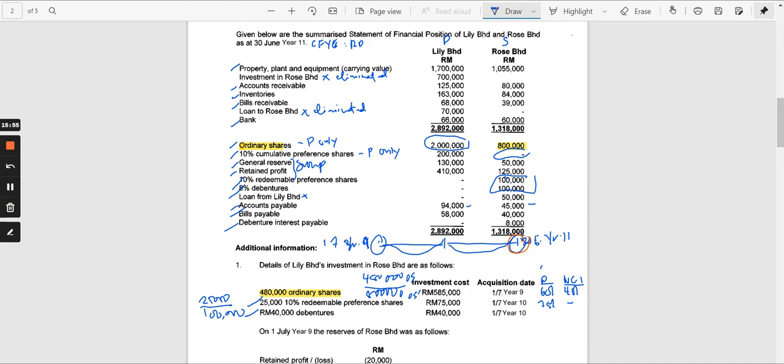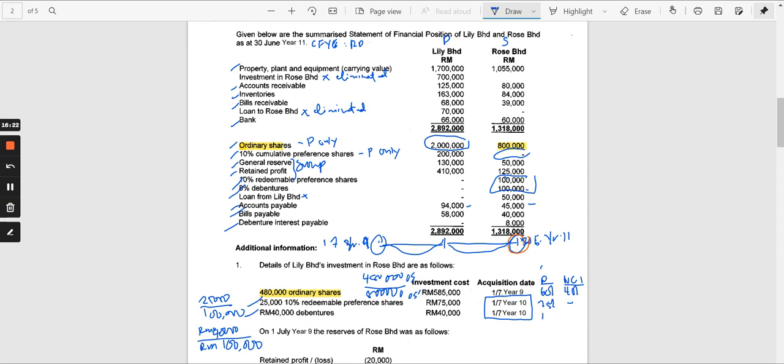No NCI. For the debentures, it would be RM40,000 divided by the amount. It is the amount, not the unit. So 100,000. And the date, you would notice that the date is not the same as the acquisition of ordinary shares.